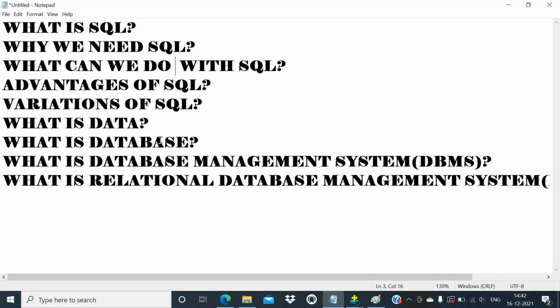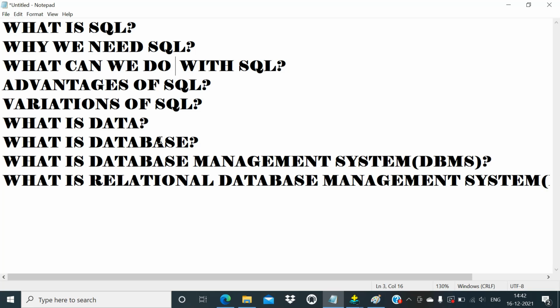Generally, there are five types of statements in SQL: data definition language, data manipulation language, data control language, transaction control language, and one more which I said earlier. We will discuss all these things in our further tutorials. And one more thing is, what are the advantages of SQL?